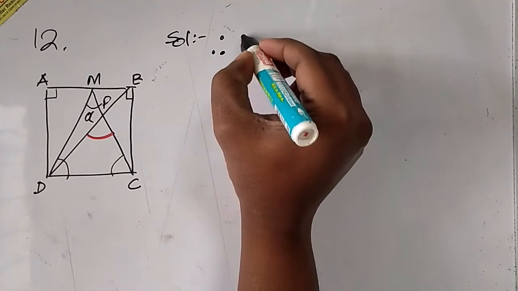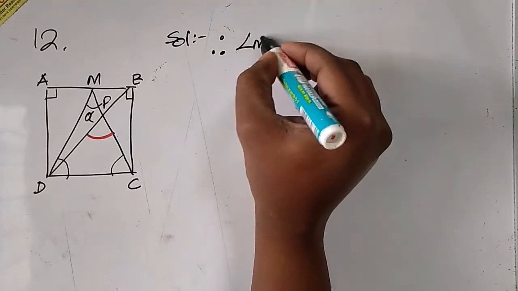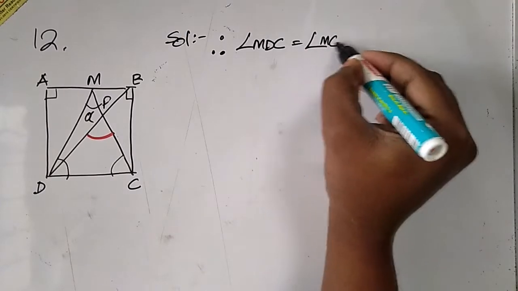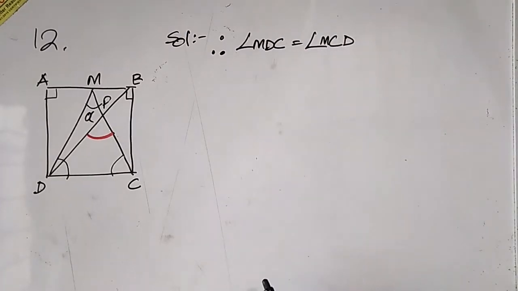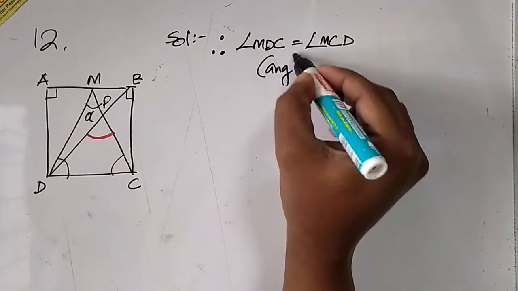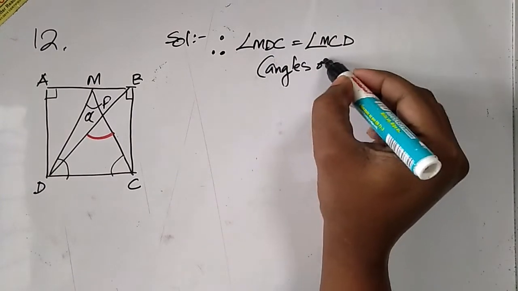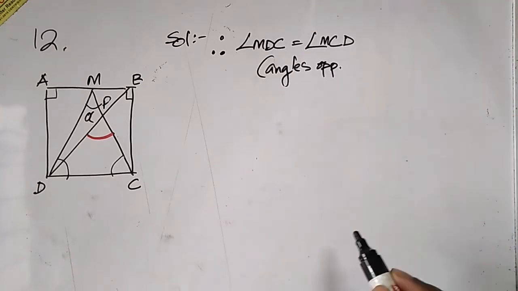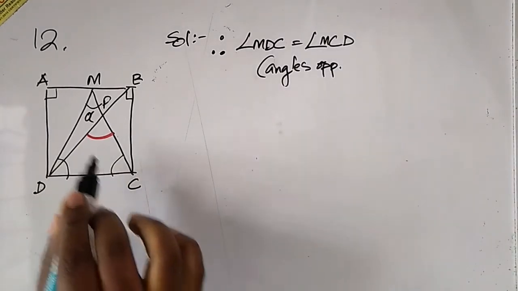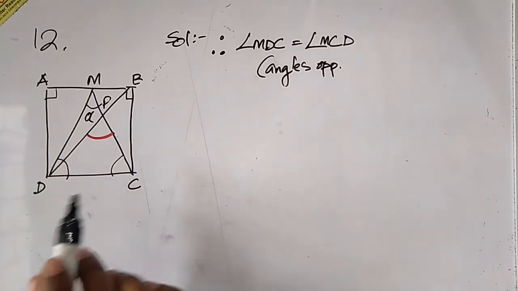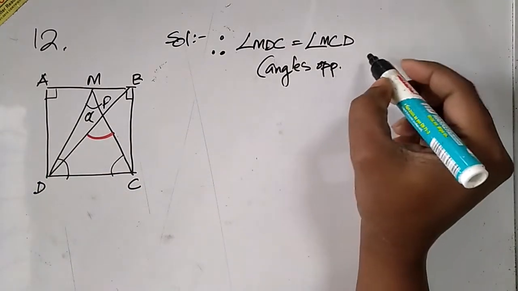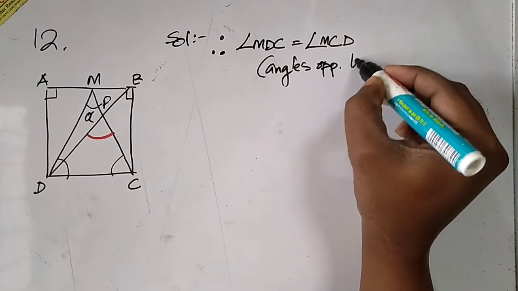Therefore, angle MDC is equal to angle MCD. What can be the reason here? The reason is that these are the angles opposite to the equal sides, and the angles opposite to equal sides will also be the same. Angles opposite to equal sides.